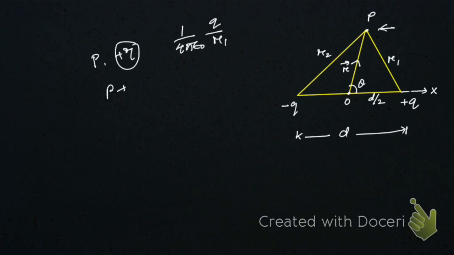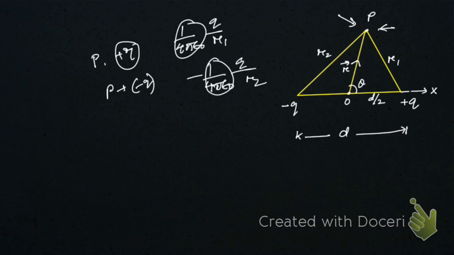And potential due to the negative charge q will be minus 1 by 4 pi epsilon naught, q by r2, at P. So the net potential, if you take these common, you will get 1 by 4 pi epsilon naught times q by r1 minus q by r2. That's what you will get. So that will be the potential.